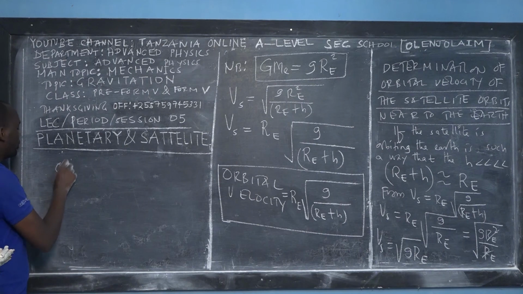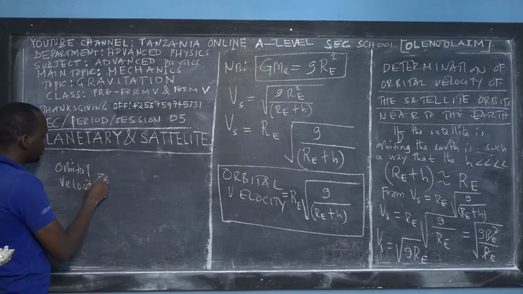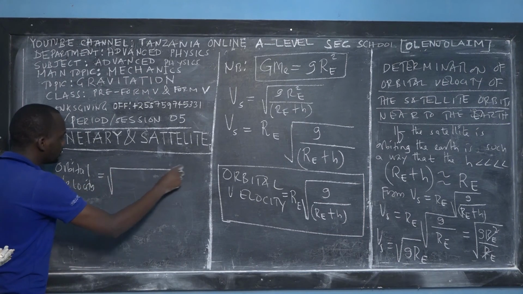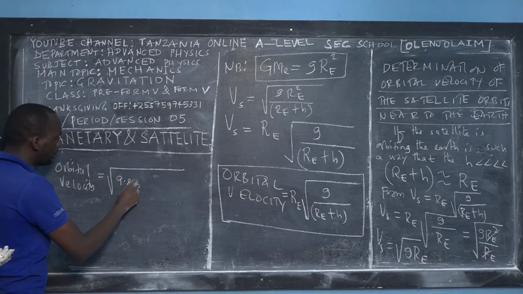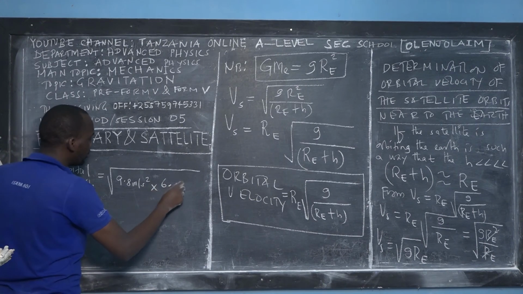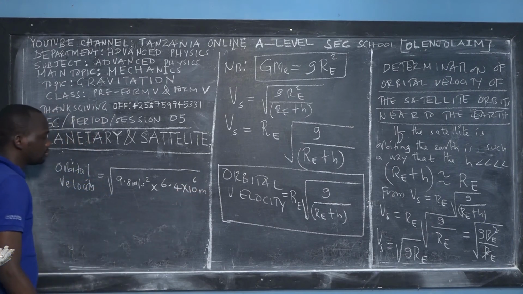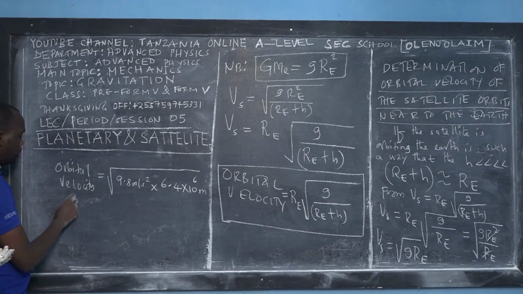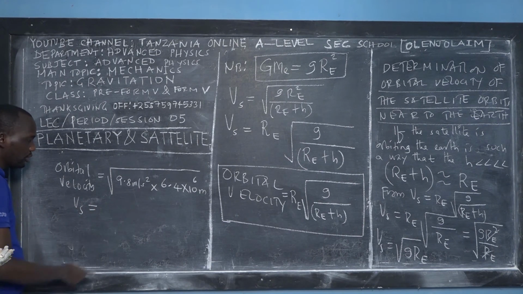So the orbital velocity now, the initial velocity required for that satellite, will be the square root of 9.8 meters per second squared, times the radius of the Earth, which is 6.4 times 10 to the power 6 meters, right? Just to find the product, don't worry about units.